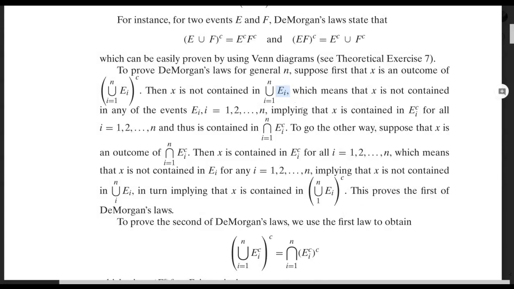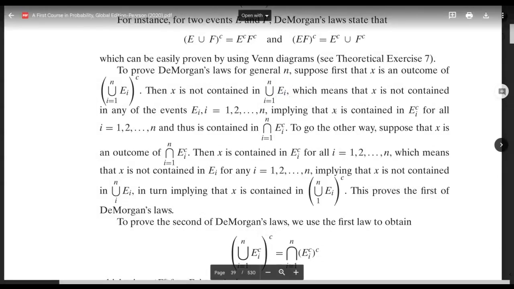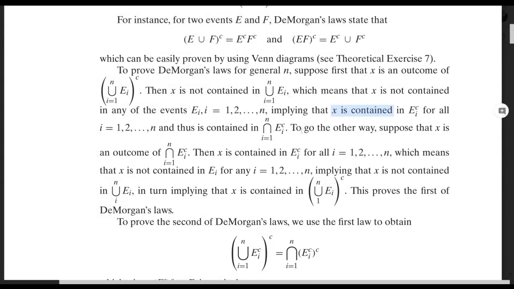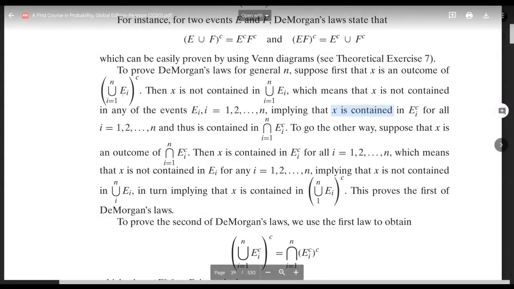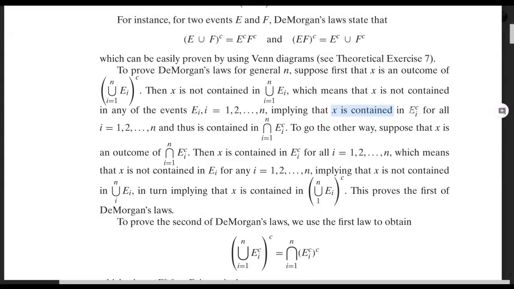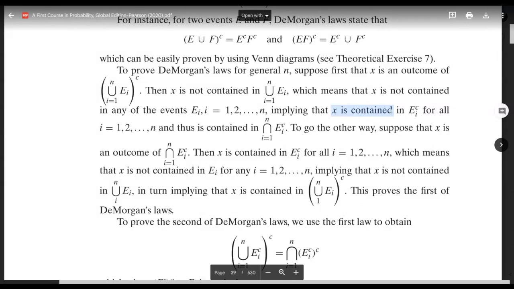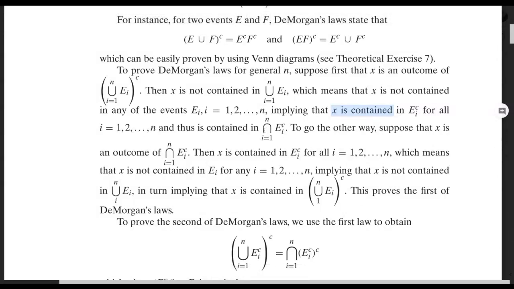If it's in none of the events, it has to be in all the complements. So x is contained in all the complements. So the complement of the union is the intersection of the complements, because it's in all the complements of the events. That's why it's in the intersection of all the complements.